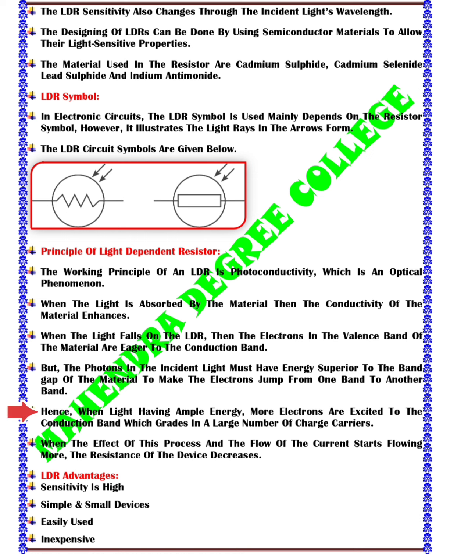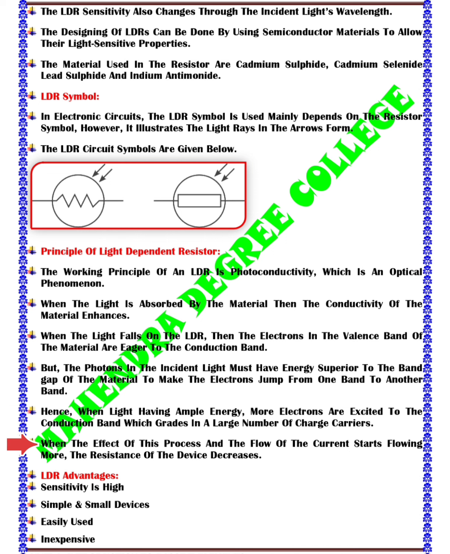When light with energy greater than the band gap shines on a semiconductor, it can excite electrons from the valence band to the conduction band, creating more charge carriers. This increase in charge carriers leads to a decrease in resistance of the material. This process is the fundamental principle behind devices like light-dependent resistors (LDRs).